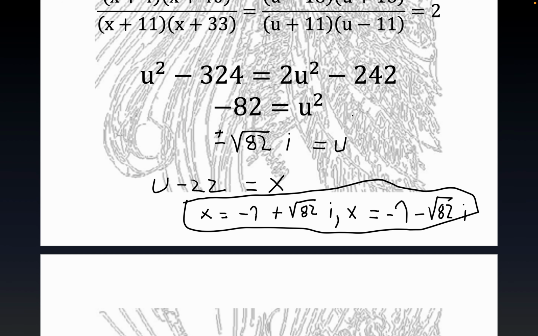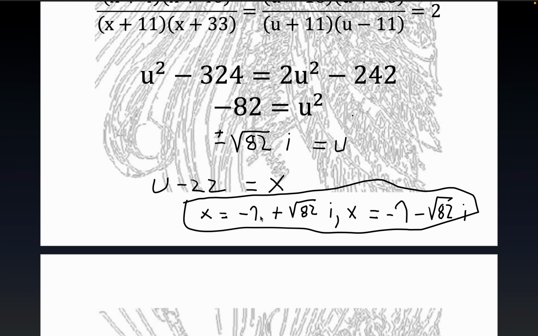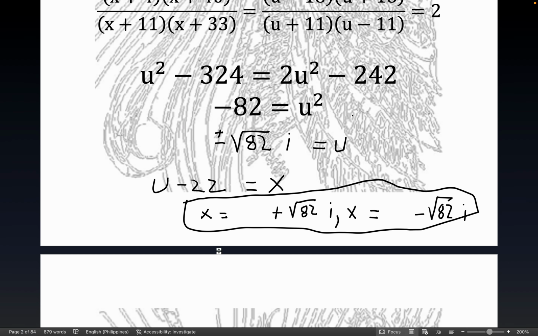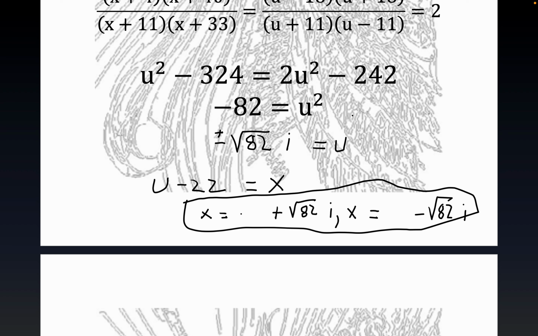Let me erase that. So we have -22 here, folks. Don't know what I was thinking. That may have been some other problem. So -22. There it is, ladies and gentlemen. Those are the two solutions.